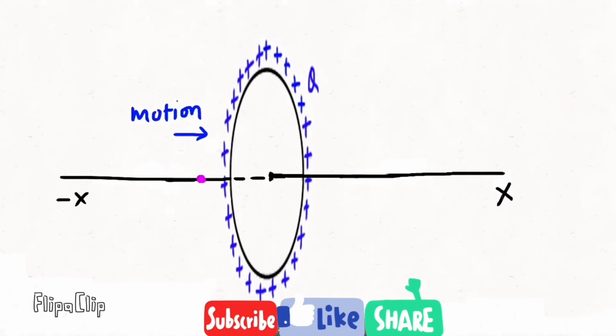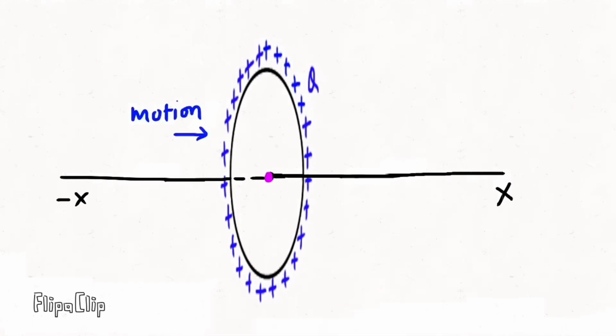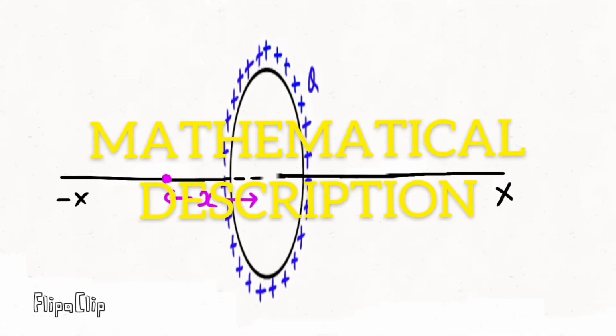See, this process will happen again and again, and you can see the particle is moving as if it is doing SHM along the axis, where I have assumed the amplitude of the SHM to be x.